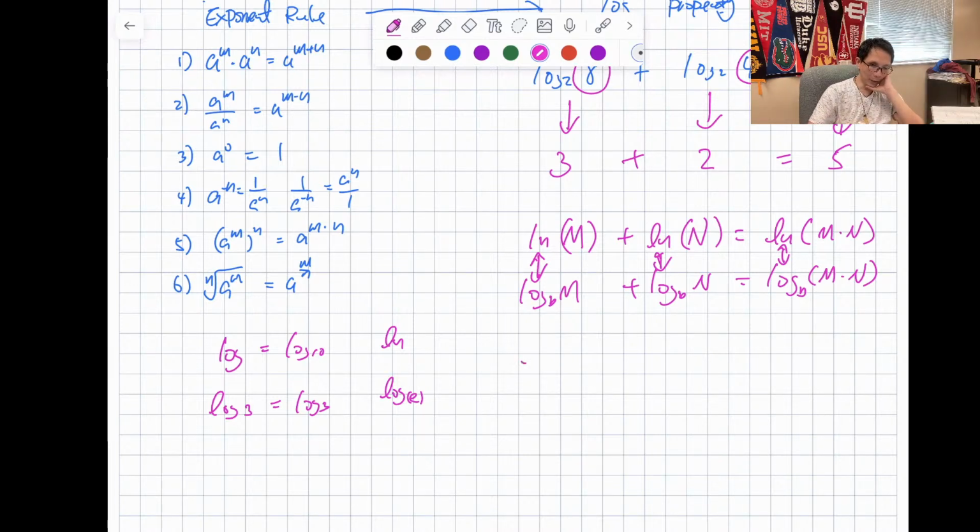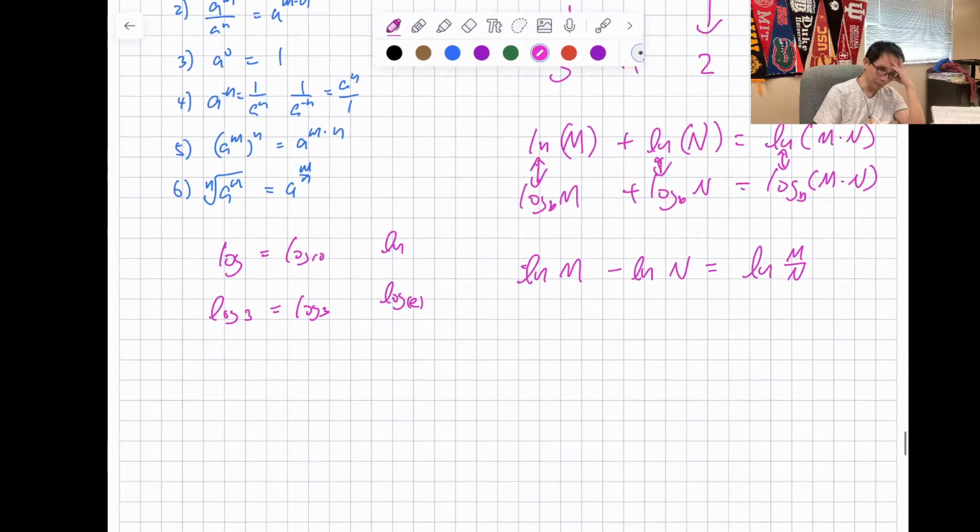Can you tell me what happens if you have natural log of m minus natural log of n? You just divide. Let's see if it's true. If you have log 2 of 8 minus log 2 of 4, what is 3 minus 2? It's 1, right? Does that make sense?